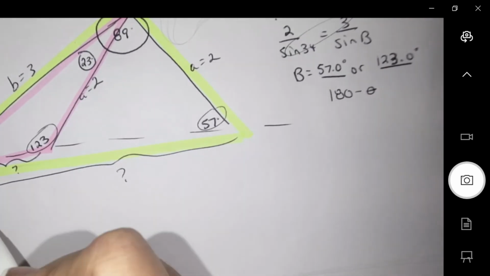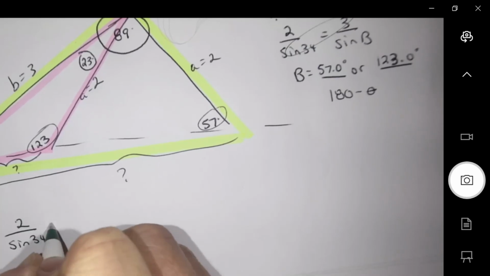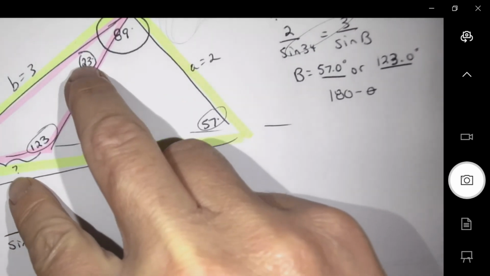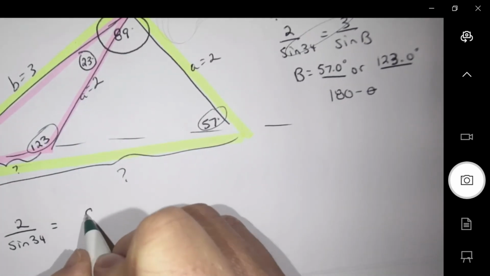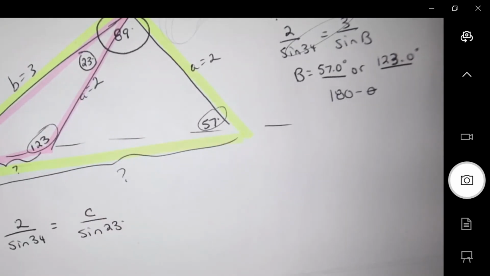Okay, so in the pink triangle, we're going to go 2 with sine 34 as a pair. 2 over sine 34, and then we're going to call it side C is now across from 23 degrees. Okay, I'm just going to write the other one down.